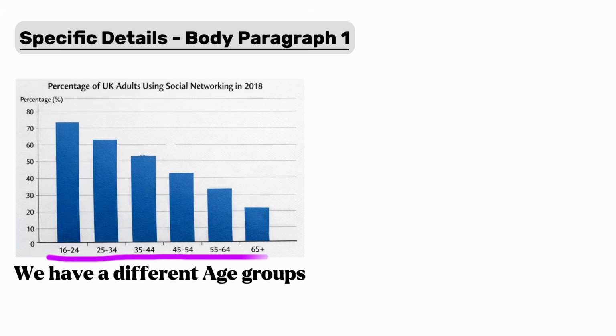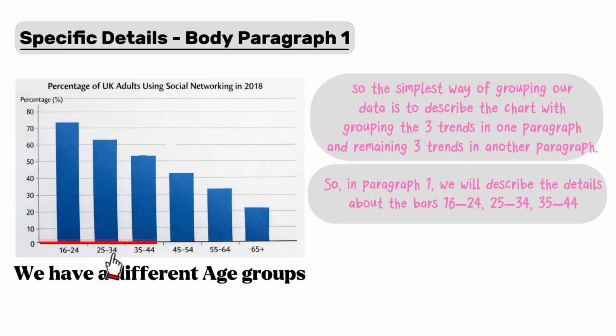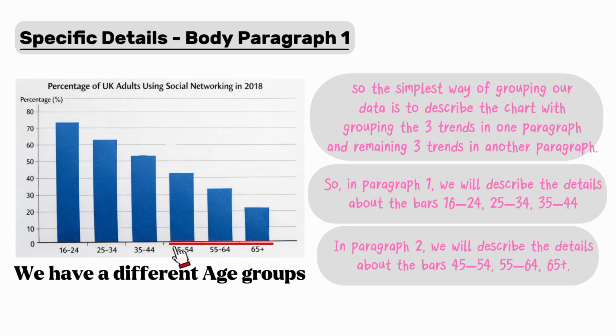We have different age groups, so the simplest way of grouping our data is to describe the chart by grouping 3 trends in one paragraph and the remaining 3 trends in another paragraph. So in paragraph 1, we will describe the details about the bars 16 to 24, 25 to 34, 35 to 44, and in paragraph 2, we will describe the details about the bars 45 to 54, 55 to 64, 65 plus.